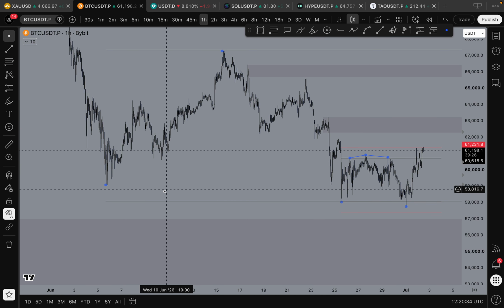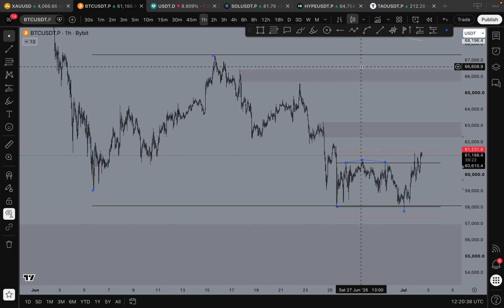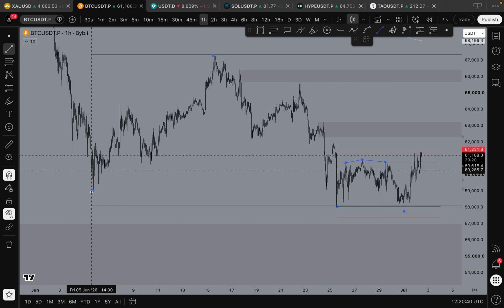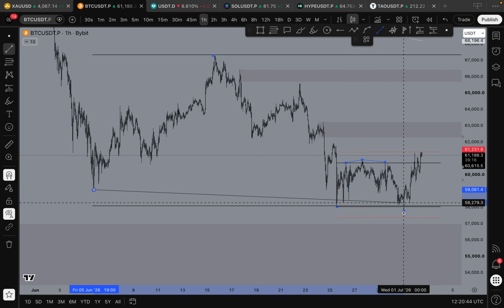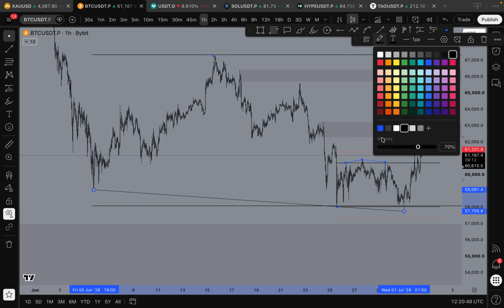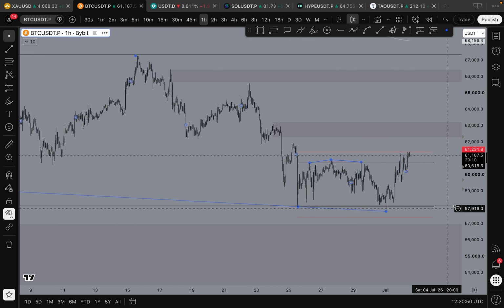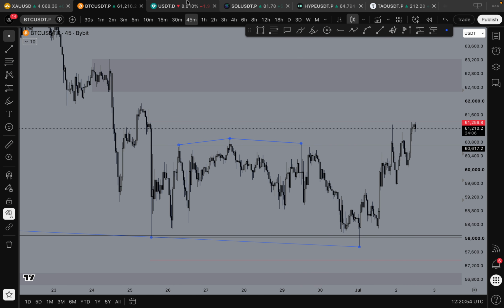I'm not necessarily looking at this from a Wyckoff model 1 accumulation perspective, but more like a 3 drive right here. So 1, 2, and 3. Let's give that the blue color as well. 1, 2, bullish 3 drive in combination with a local Wyckoff model 2 accumulation.